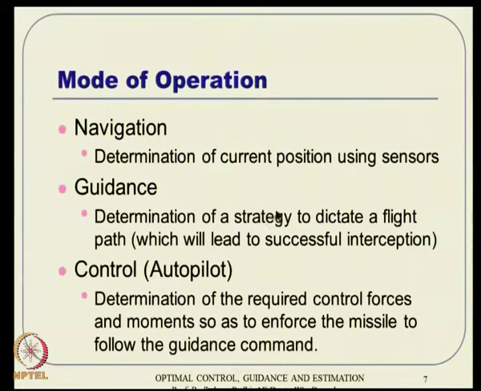Whatever the guidance is giving as a command is getting tracked by the autopilot system. So, all three are in unison. If one system fails somewhere, the entire mission will go bad. Everything should have a lot of correlation, and everything is important for a successful mission. But in this particular lecture, we will largely concentrate on guidance aspects.